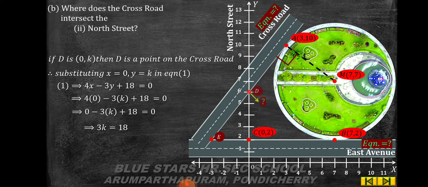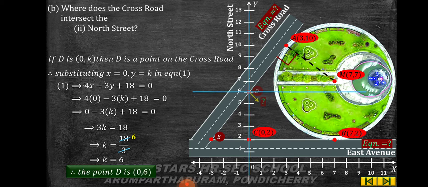So minus 3k is equal to minus 18, because taking plus 18 to the right-hand side it becomes minus 18. The minus signs cancel, and you get 3k is equal to 18. So k is equal to 18 divided by 3, the value of k is equal to 6. Therefore, the point D is (0, 6).